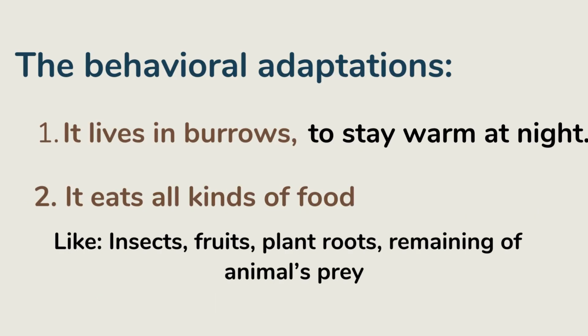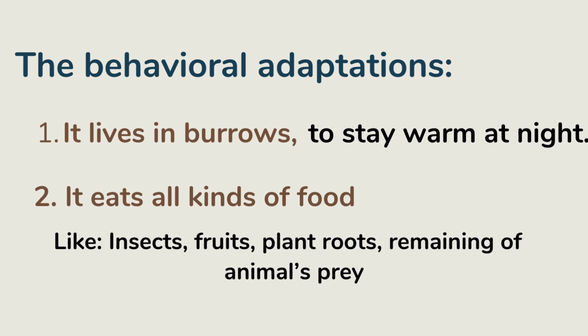So now we will discuss its behavioral adaptation. As you know, behavioral adaptation is the adaptation that happens due to changes in behavior or acts. Okay, so first, it lives in burrows, and this is to stay warm at night.